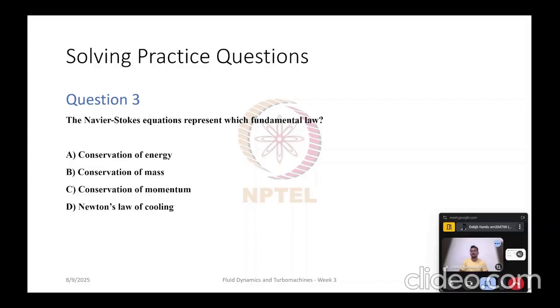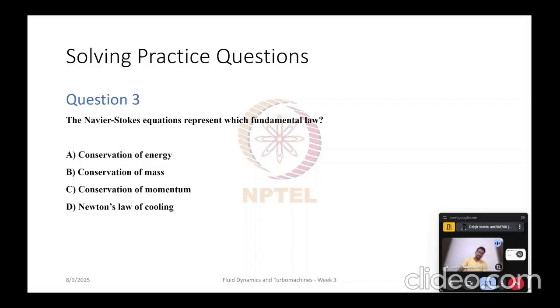Now, Navier-Stokes equations is the Eulerian frame of reference or the control volume version of some fundamental law. Which law is that?